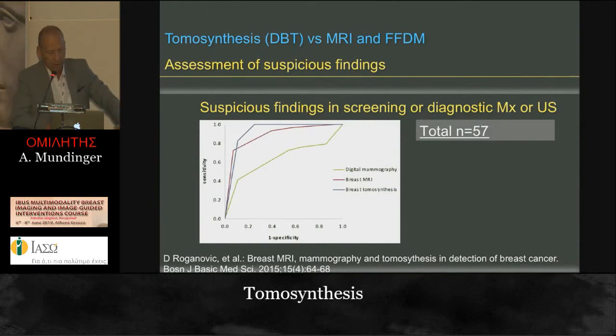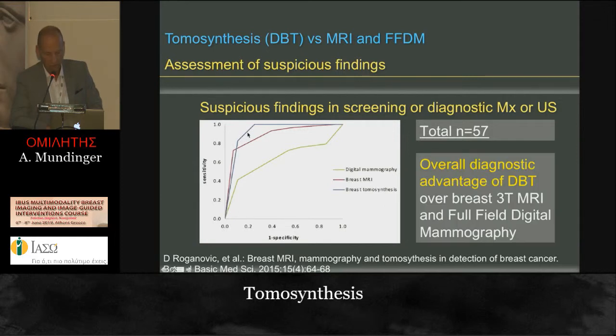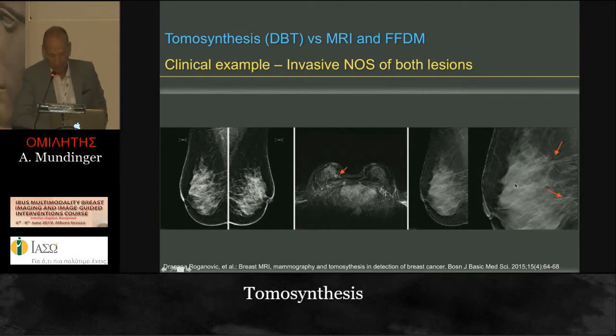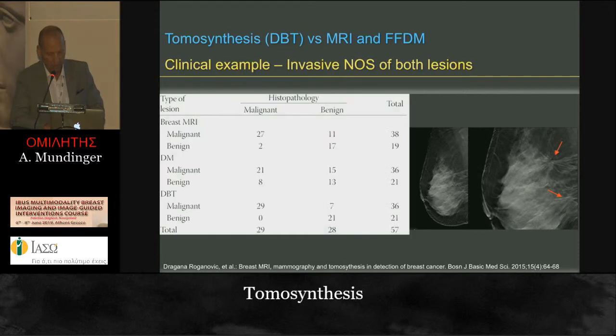Next question. If you compare it with MRI, there's one study that's interesting. It's from Bosnia, from Dragana Organovic, and Dragana found that here DBT was superior to MRI. If I go into the details of the study, I see first, here are clearly 2 lesions that have been malignant, but the MRI was not really positive, and you didn't see it in full-field digital mammography.